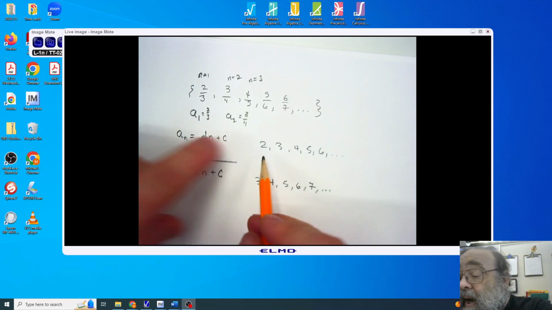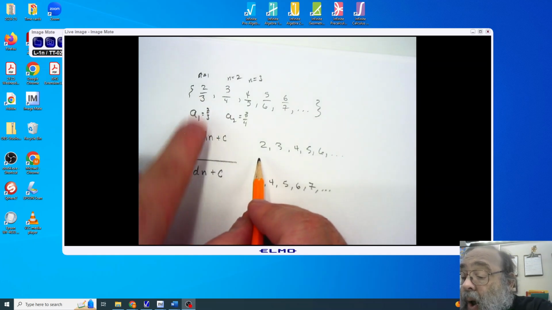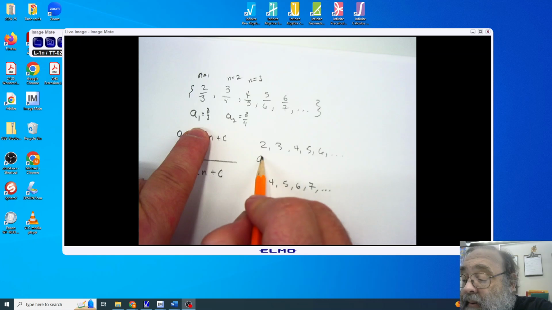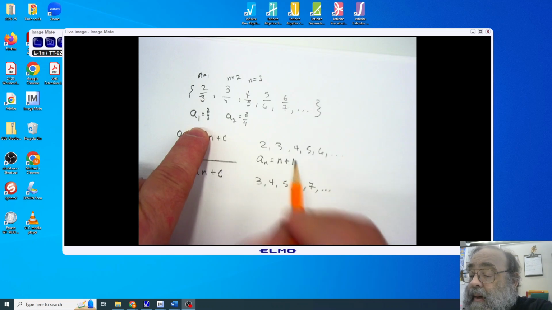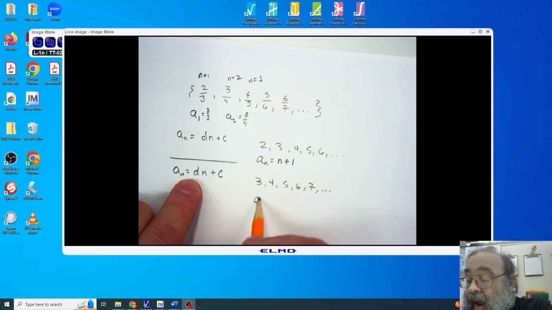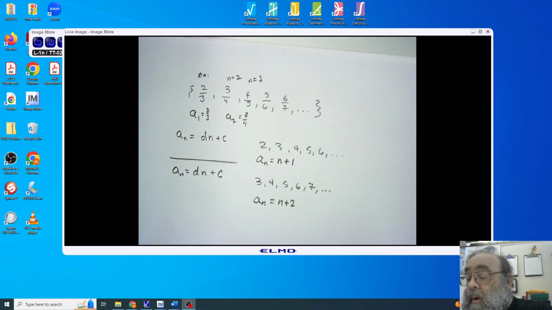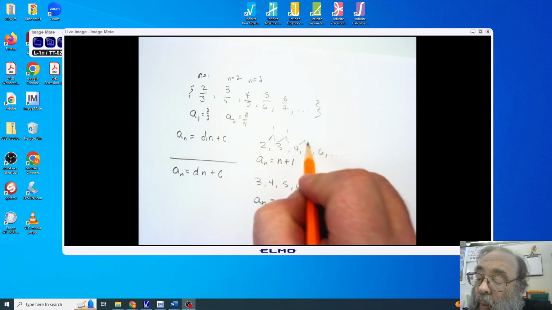Now, when I'm looking at this one, this is simply linear, where I take the a sub 1, 1, and I add 1 to it. So a sub n is n plus 1. This one is simply 1 more than the numerator. Therefore, a sub n equals n plus 2. And that's because the common difference was 1.